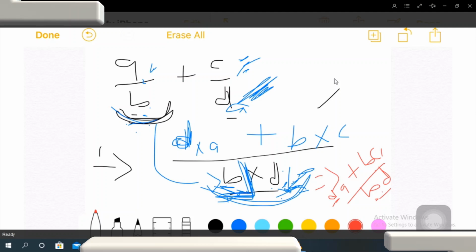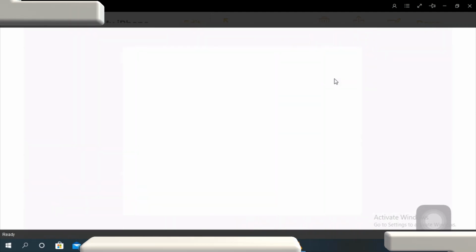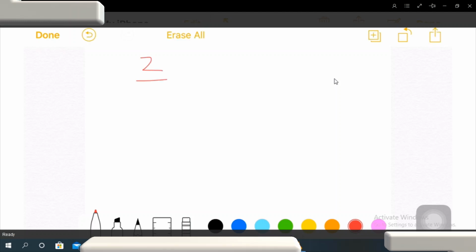So now let's take an example for you to see a clearer view of it. So for instance, if I have 2 over 3 plus 4 over 5, well, of course, I said the first step is for us to multiply the denominators. So we get 3 times 5.